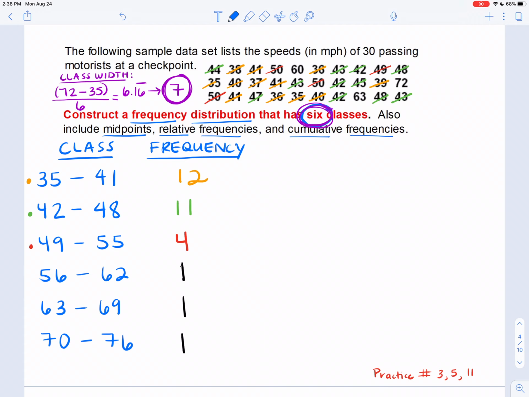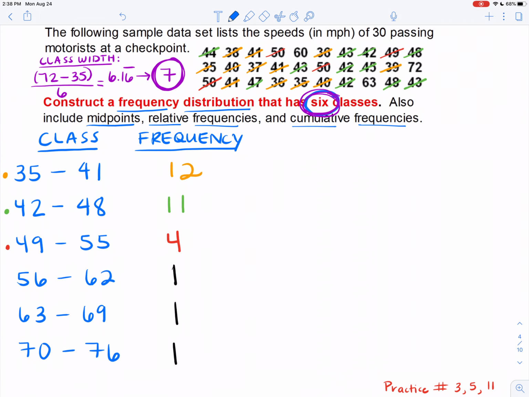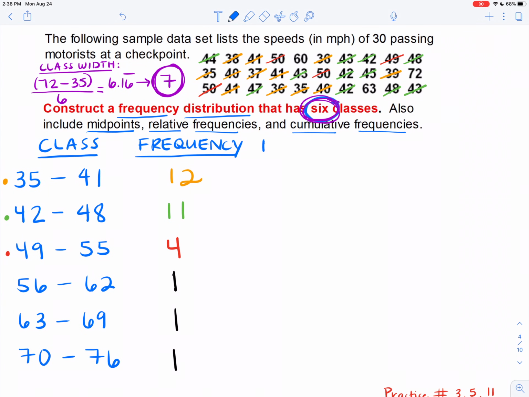So we've done the base frequency distribution, but I am asked to add 3 other pieces of information: the midpoint of each class, the relative frequency of each class, and finally the cumulative frequency of each class. And this is what I call an expanded frequency distribution.